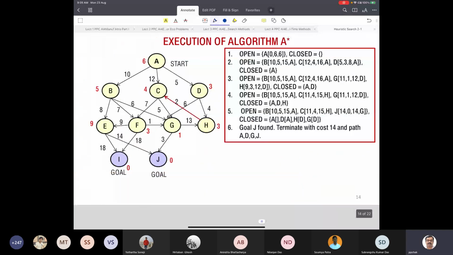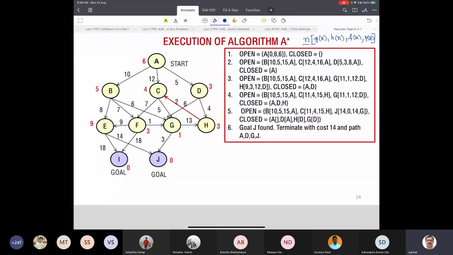So now let us go through the execution of algorithm A star. The execution of algorithm A star is as follows. With every node in the open list, I maintain 4 things: a Gn value, Hn value, Fn value, and Pn value.